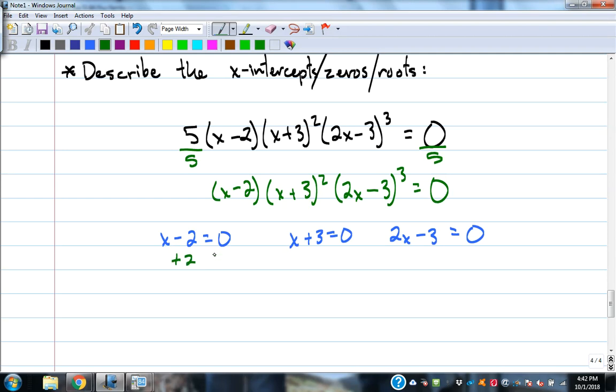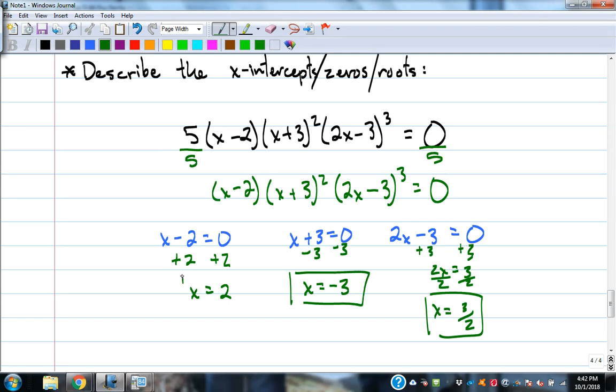Solve them. Solve. Minus 3 plus 3, 2x equals 3 divided by 2. X is 3 over 2.